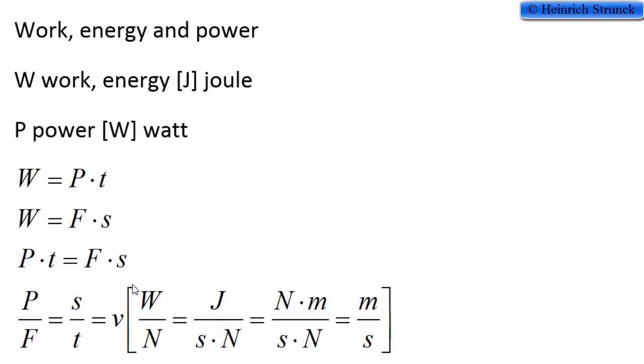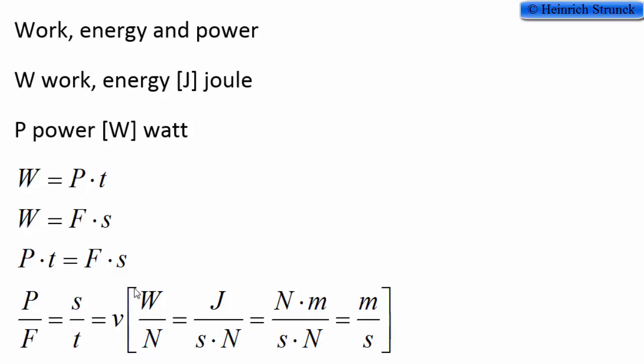We can say that just to find out what we can create with these two formulas. If we take the power divided by the force, we have the distance divided by time, and distance divided by time is the velocity. So it seems that power divided by force is velocity.